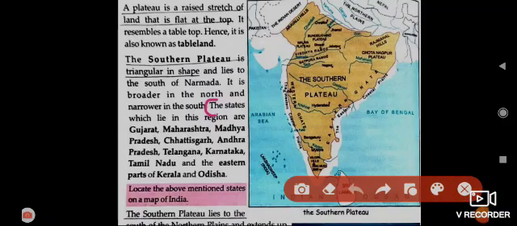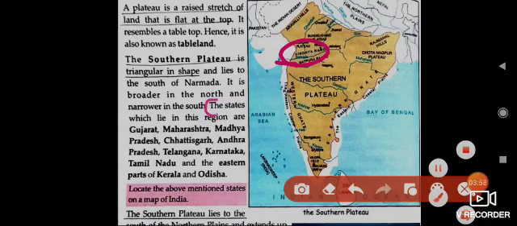As you can see in the map, here is the Narmada, and to the south of that the Southern Plateau is located. Students, the Southern Plateau is broader in the north and narrower in the south.